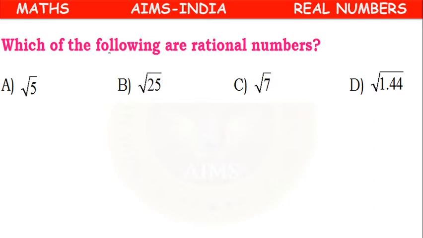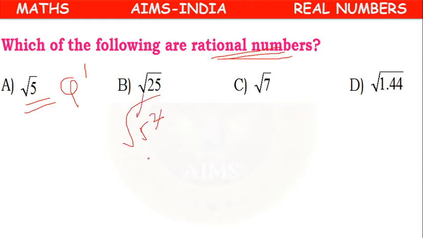Next, which of the following are rational numbers? Root 5: 5 cannot be written as the square of any number, so root 5 is an irrational number. Root 25, we can write it as 5 square, the square root gets cancelled, and the answer is 5, a rational number. Root 7, we cannot express as a square, so it is an irrational number. Root of 1.44, we can write it as 144 by 100.